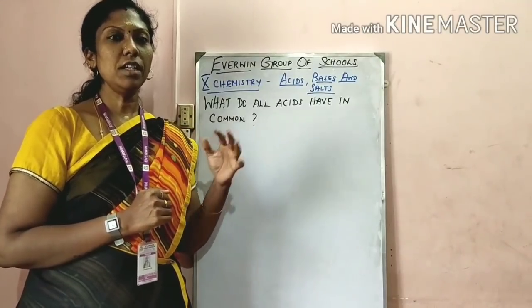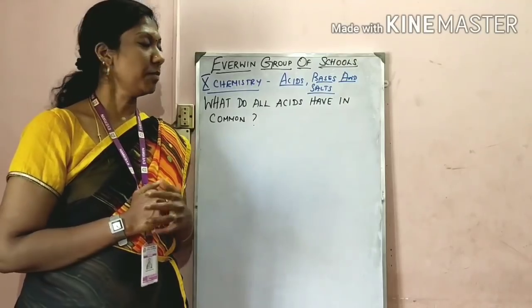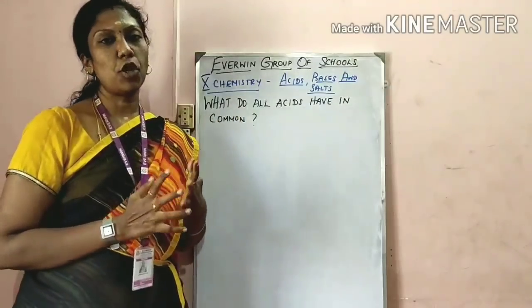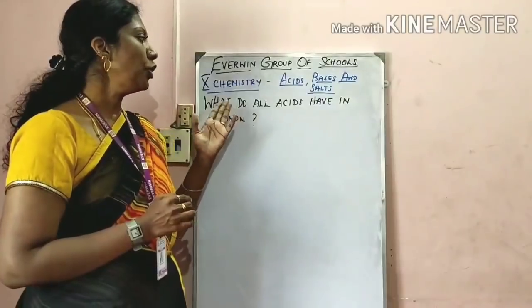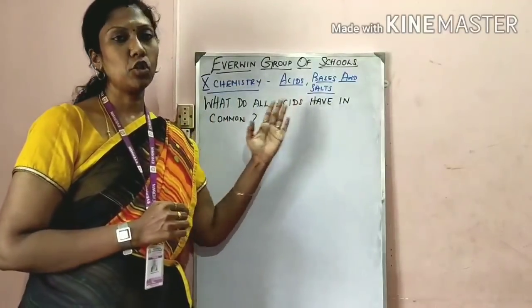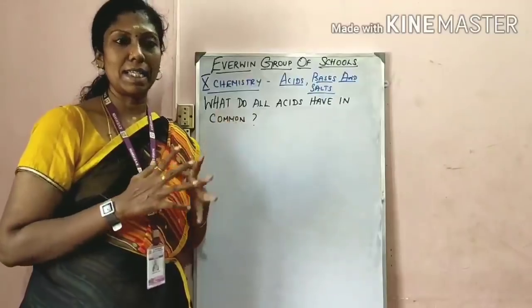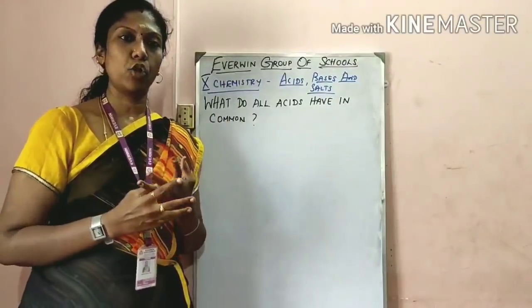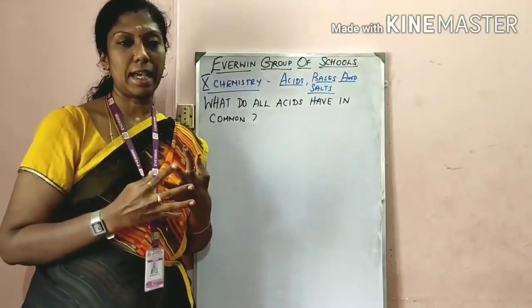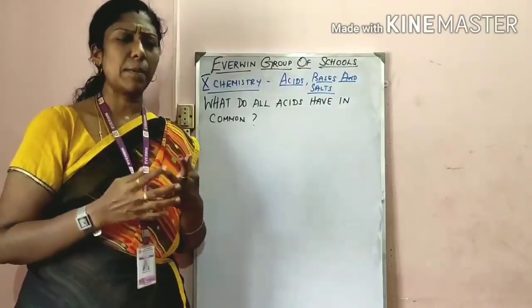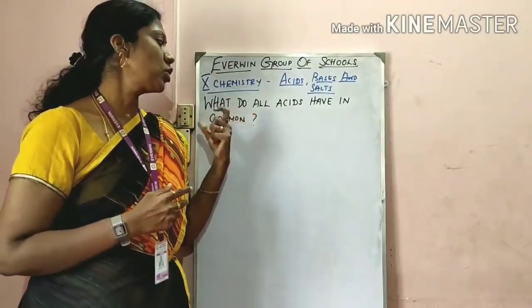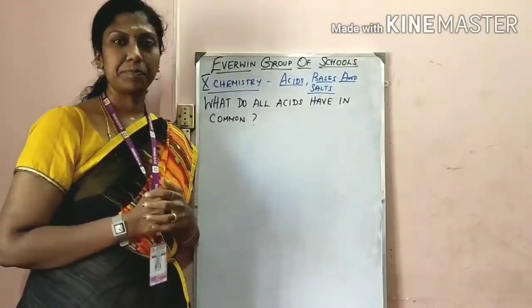Now moving on to the reaction part of this session. The first question we are going to see is: what do all acids have in common? We know many acids, for example hydrochloric acid, sulfuric acid, nitric acid, acetic acid. What is common in these acids?